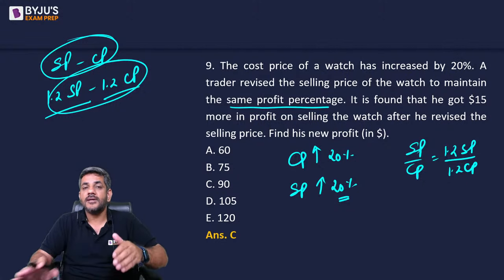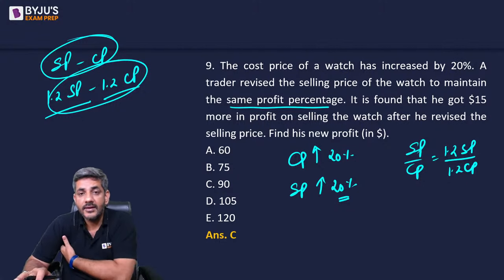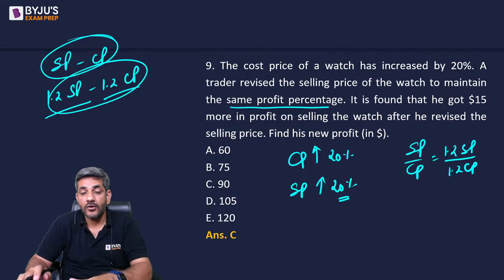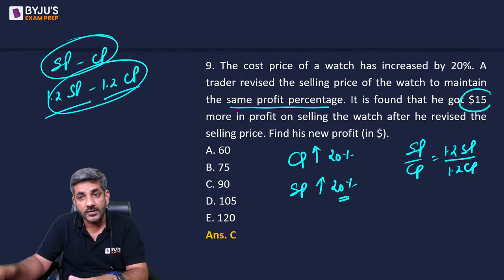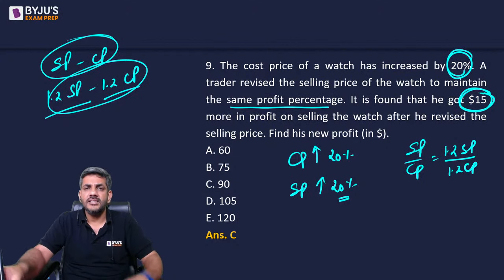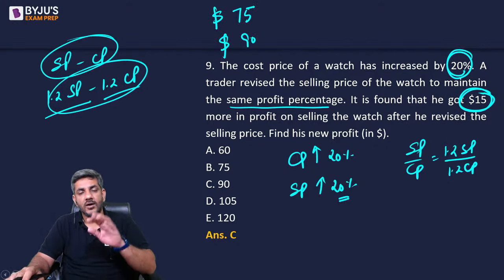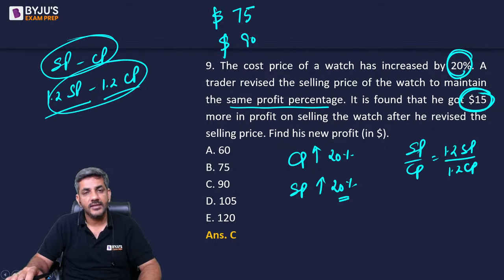So now it has become 20% more. So if the question says the profit has increased by $15 and we know it increased by 20%, whose 20% is 15? 75. So 75 was the profit previously, 90 is the profit now. By that logic, we got the answer as 90.